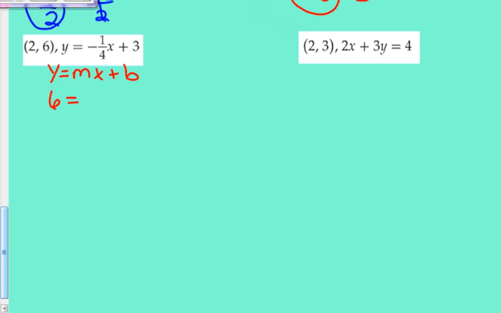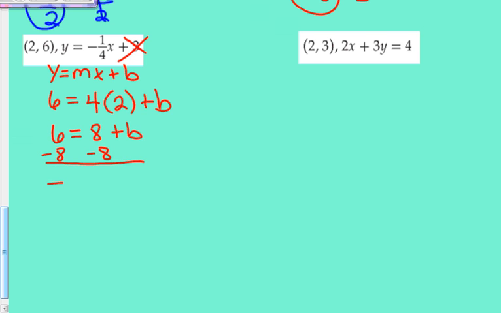Slope will be flipped and opposite, so it'll be a +4. X will be 2, and then we're solving for b, because this is a new line. We don't care about that b. It means nothing. And so 6 equals 8 plus b. Subtract 8, and we'll end up with -2 is b. Now we're going to plug that -2 into our new equation.